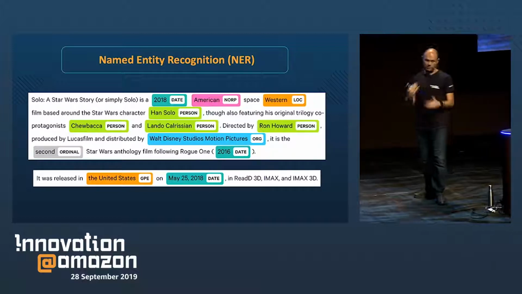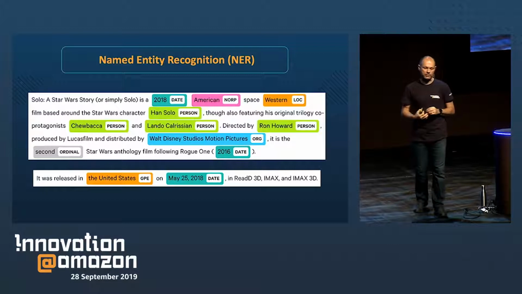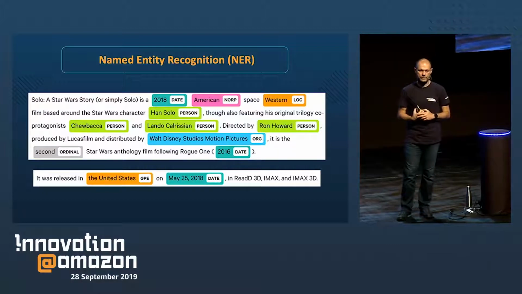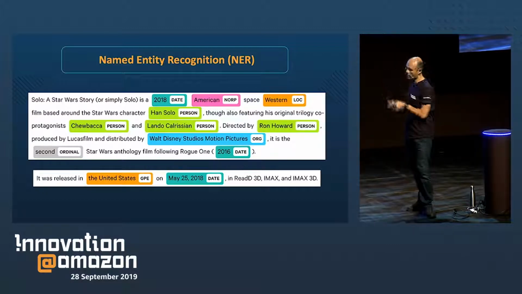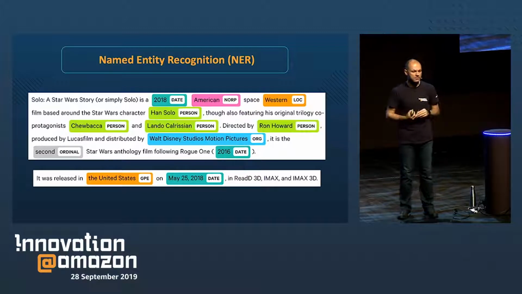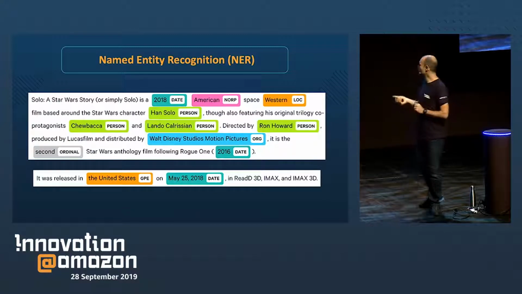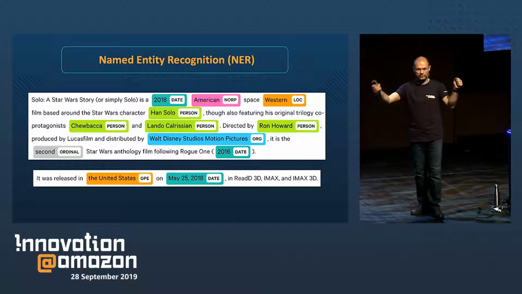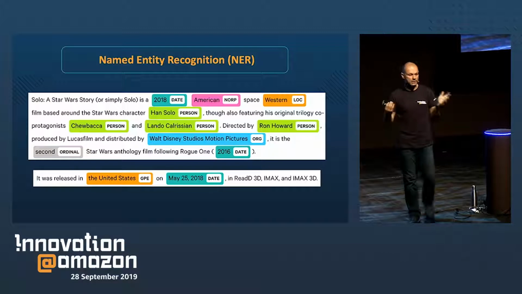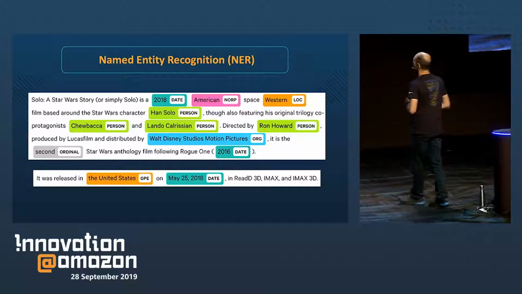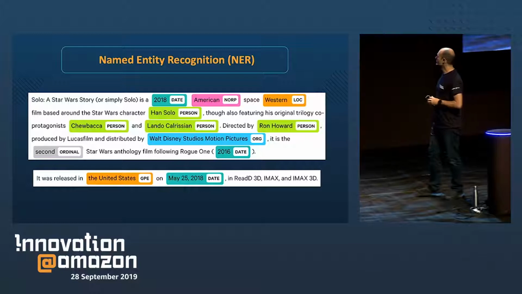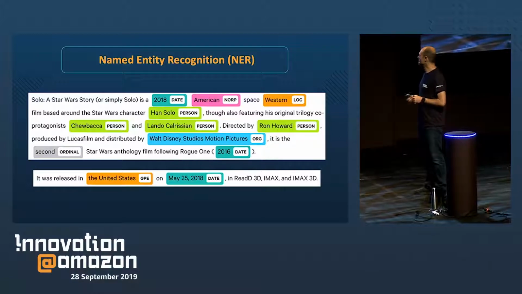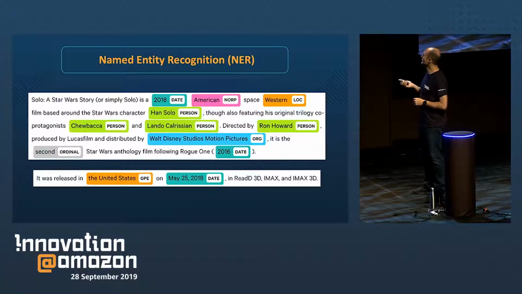And if I want to go a little bit deeper and give you a little bit of the machine learning behind it, this output space here is called a structured output space, because you are not just classifying a given thing as one class or the other, but you are trying to predict not only the class, but also the span, from where to where an entity occurs in your text. So it's quite a complex system, and we use deep neural networks to do this in Alexa.